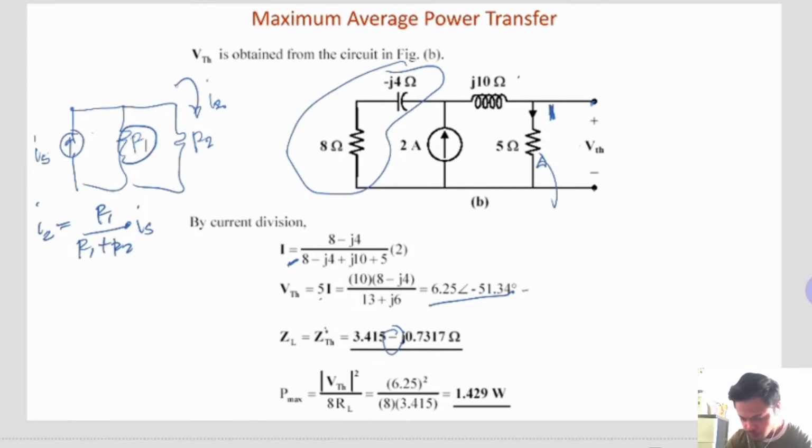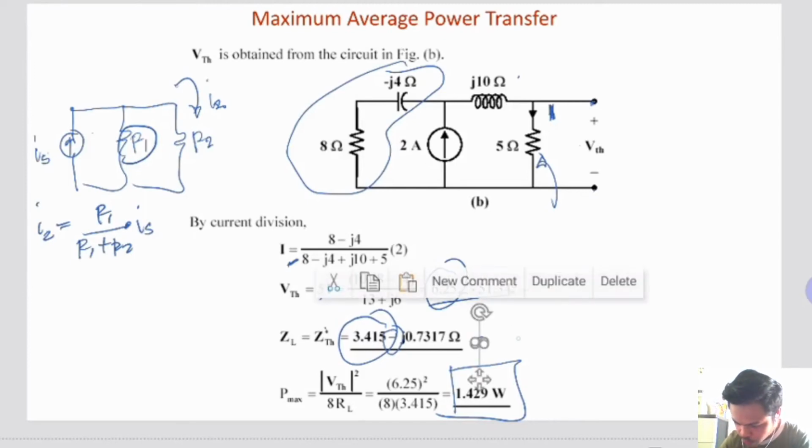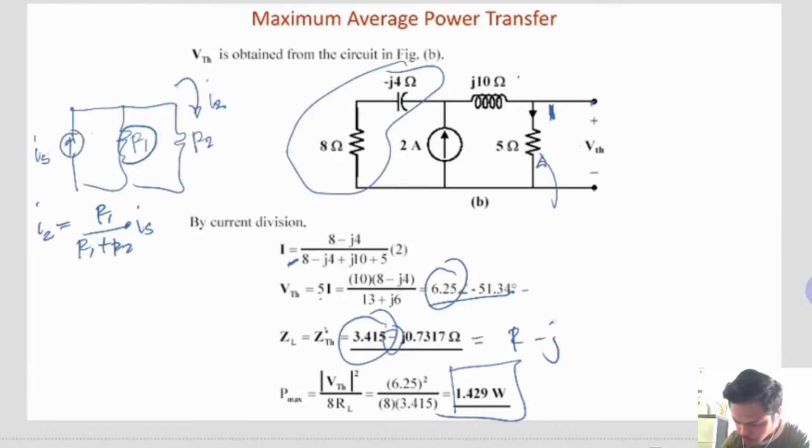To compute the maximum average power transfer, we have the scalar value, 6.25 squared divided by 8 times the resistance of your load impedance. In this case you have 3.415 ohms. So this is now the value for your Pmax. This one here is R minus jX.